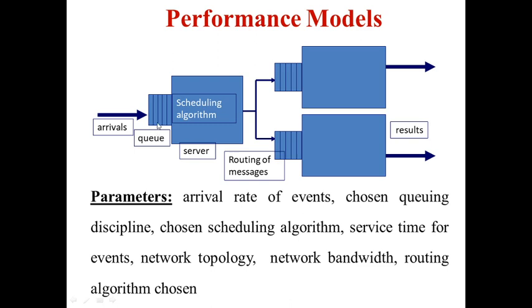Then by using some scheduling algorithms, it is ordered which requirement has to go first and which should be next. That is done through the scheduling algorithm. Then it has to be arranged according to the particular model. It is going to be sent as messages, routing messages. Then it is going to produce the results.